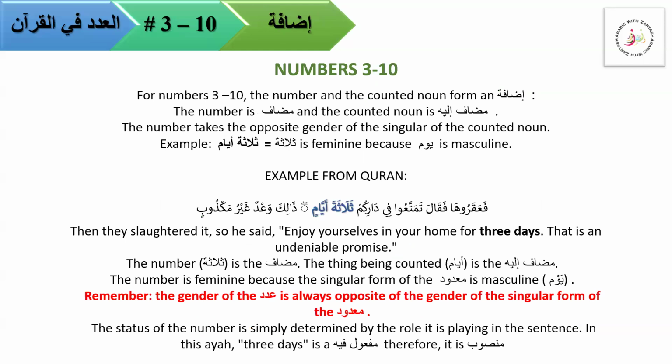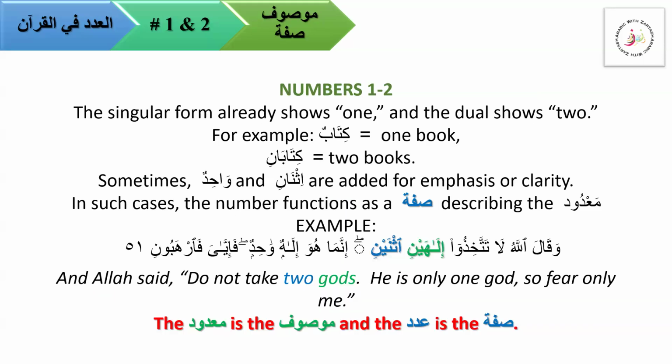Now let's move on to numbers 3 to 10. So here they are going to make an idafa. Very simple to remember: the numbers 1 and 2, whenever we see them, we'll see them as a mawsuf sifa fragment.